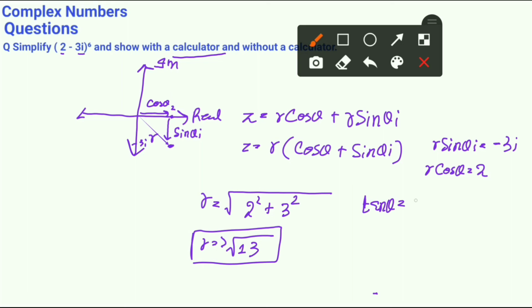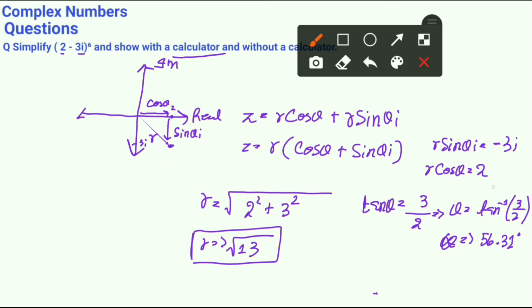Now we need to find the angle. So tan theta is equal to sin theta upon cos theta. Sin theta is minus 3, but we can take it as 3 upon 2, and if we take the inverse of tan, tan inverse 3 upon 2, using a calculator, it's going to be 56.31 degrees.